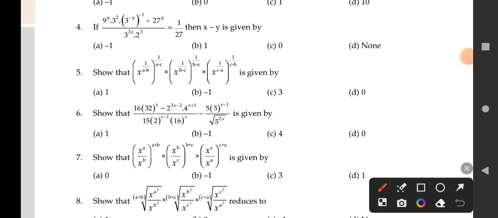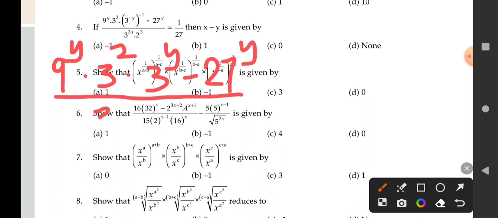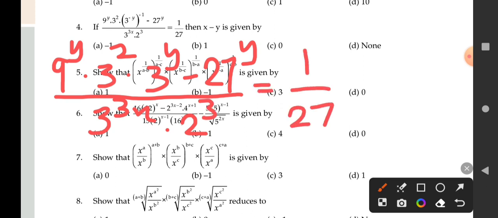Okay, let us simplify. What do we have? Okay, so we have 9 power y into 3 square into 3 power y minus 27 power y divided by 3 power 3x into 2 cube equals to 1 by 27.